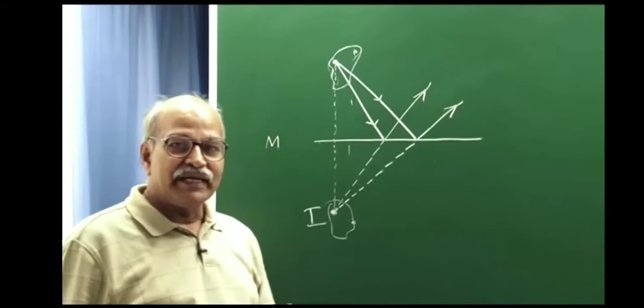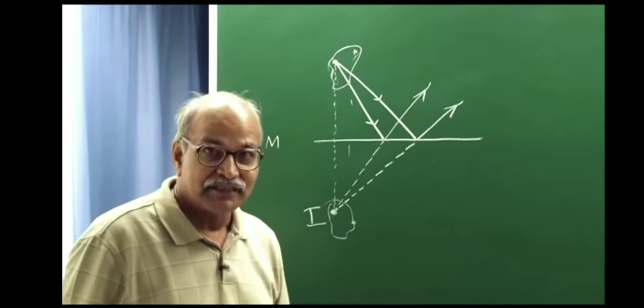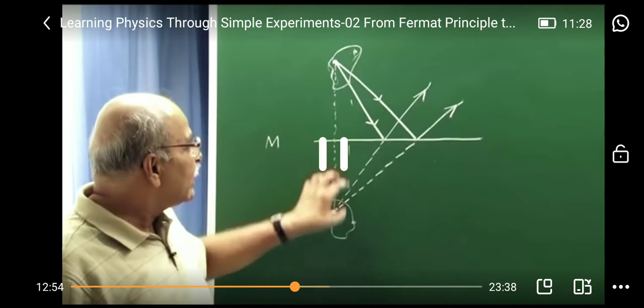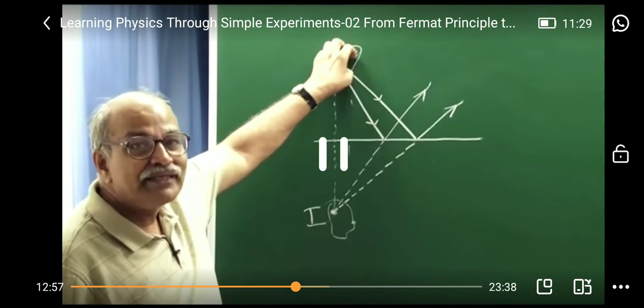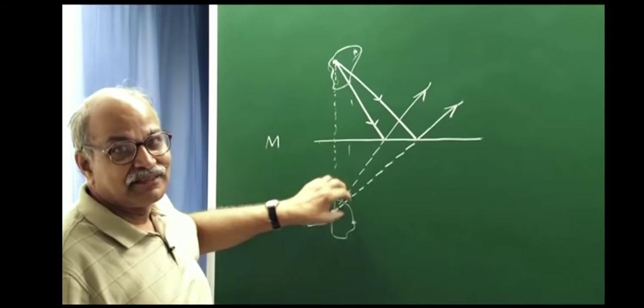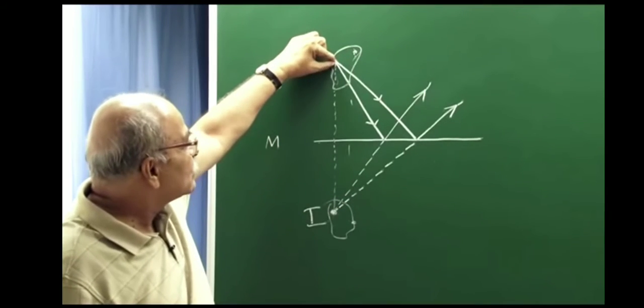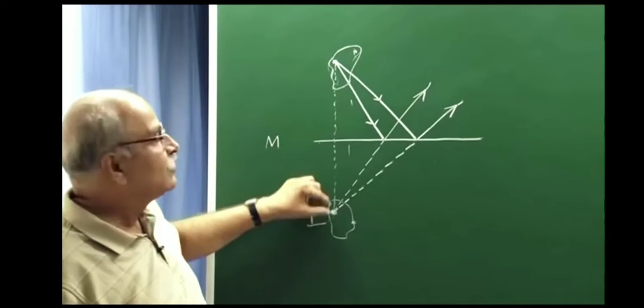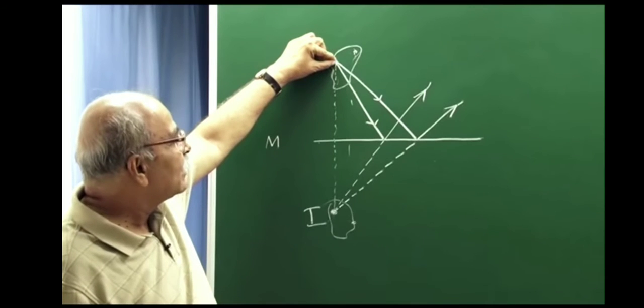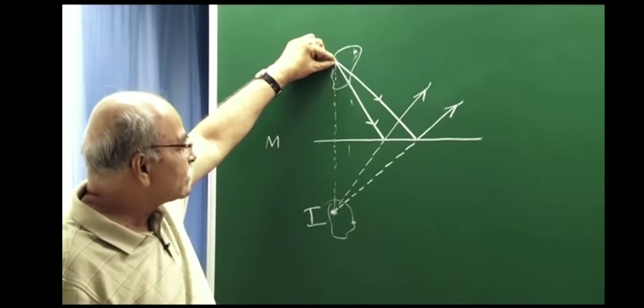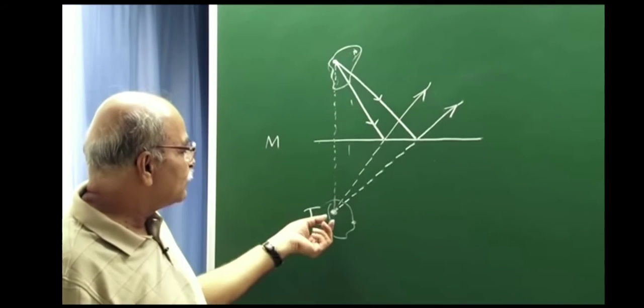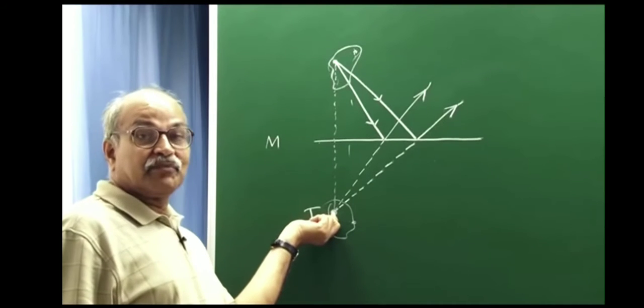So the important point is, for image formation, in that image and in that object there is a point to point correspondence. One point corresponds to one particular point here. All the rays starting from here after reflection must intersect, after extension of course, at that point.